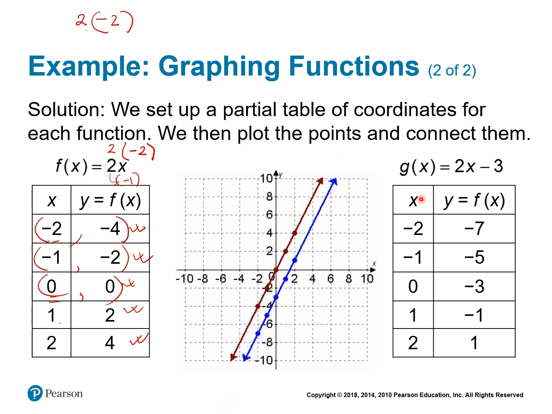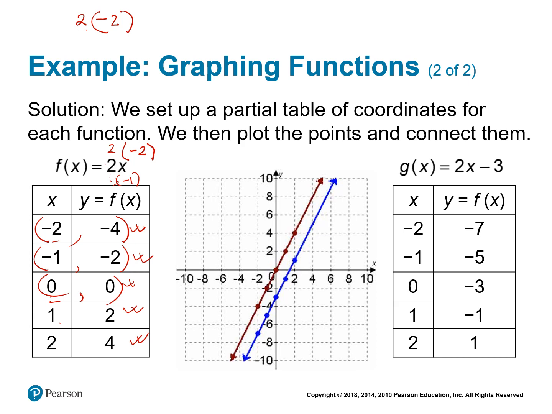Okay, for the other line, for the graph of g of x equals 2x minus 3, it's a different equation, but the process is the same. Again, we choose some x values, some negative, 0, and some positive. So -2, -1 for x, 0, 1, and 2. We plug each of these values into our function.